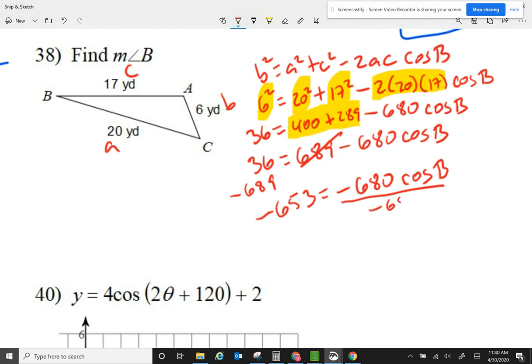Let me divide both sides by a negative 680. And I have 0.960294 is equal to cosine of b.